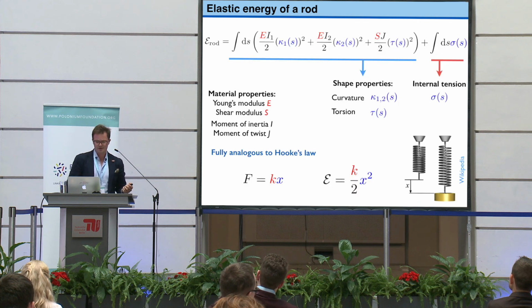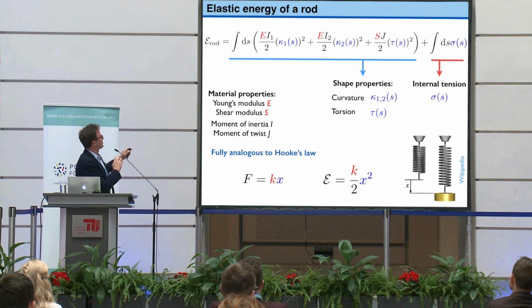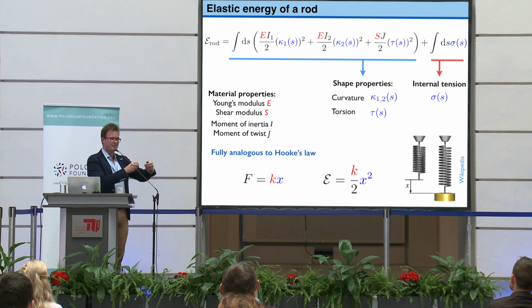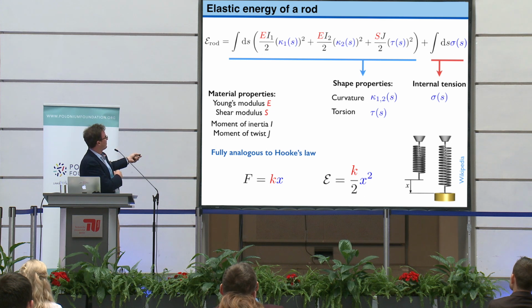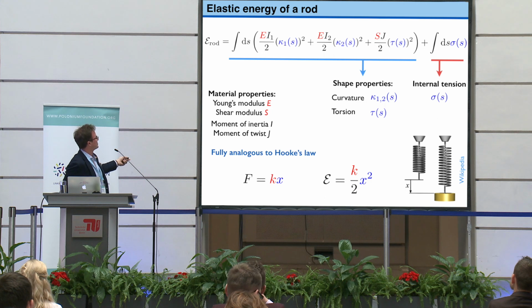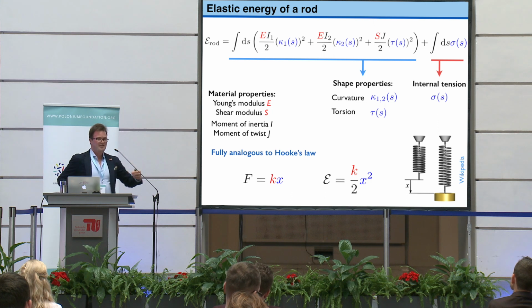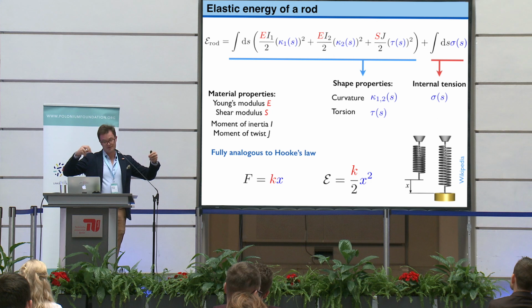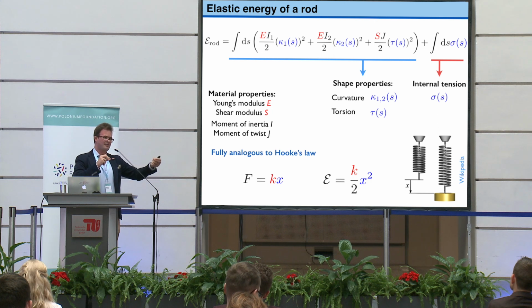And so if we want to quantify that, I'll just explain very briefly that the energy of a compressed or a bent object depends on its shape, by the fact that imposing a curvature costs energy, and also compressing it costs energy. This expression just says that if I want to know the energy of a compressed or bent object, I need to sum up all these modes of deformation.